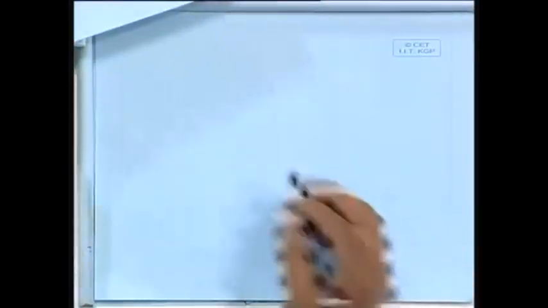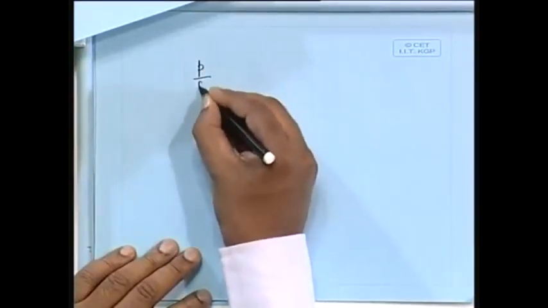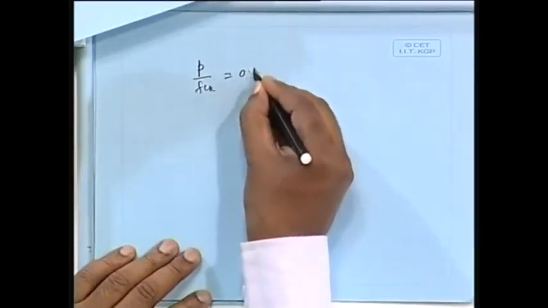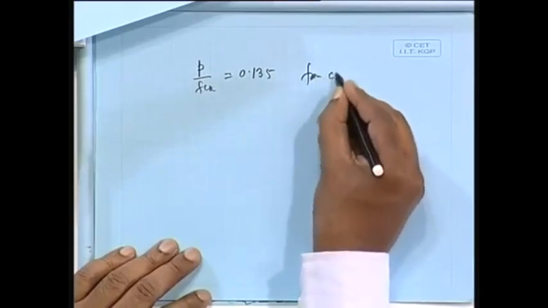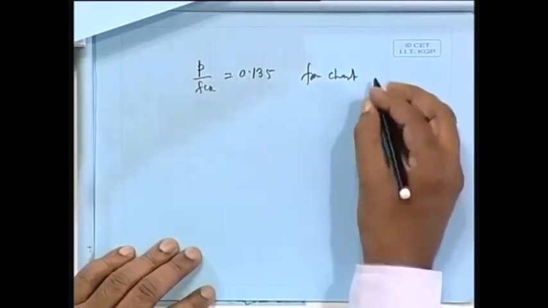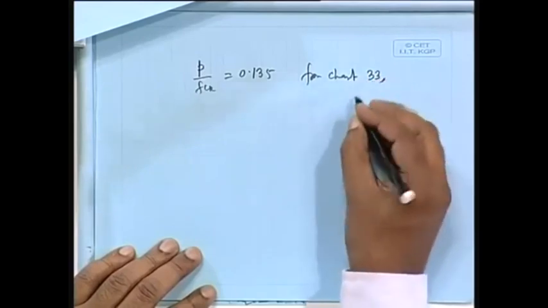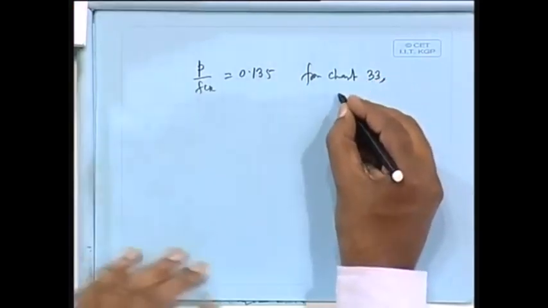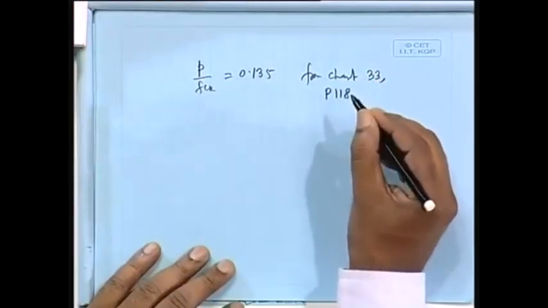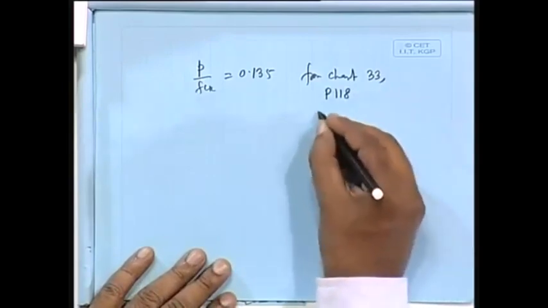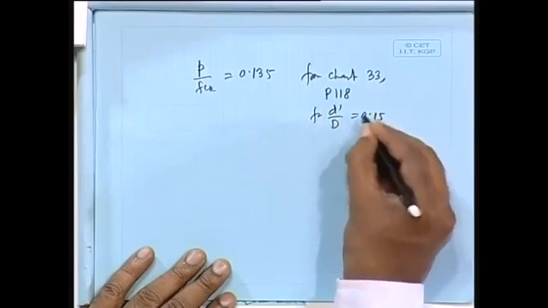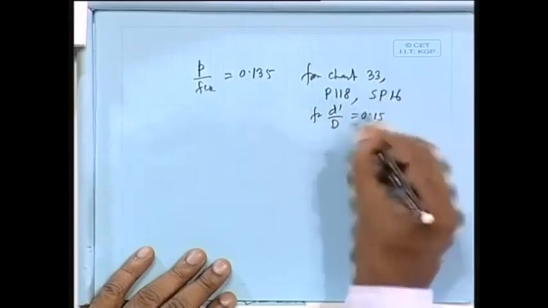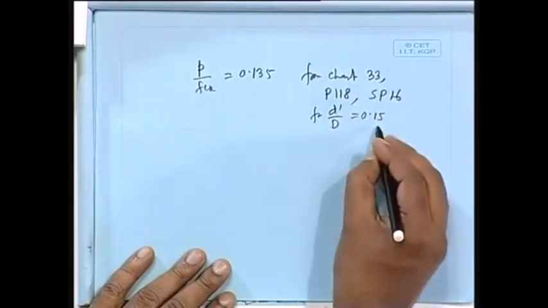So p by fck is 0.135 from chart 33, page 118, for d dash by D equal to 0.15, that we have chosen.